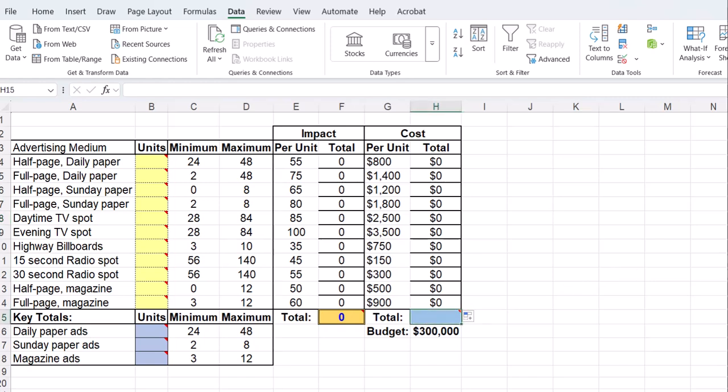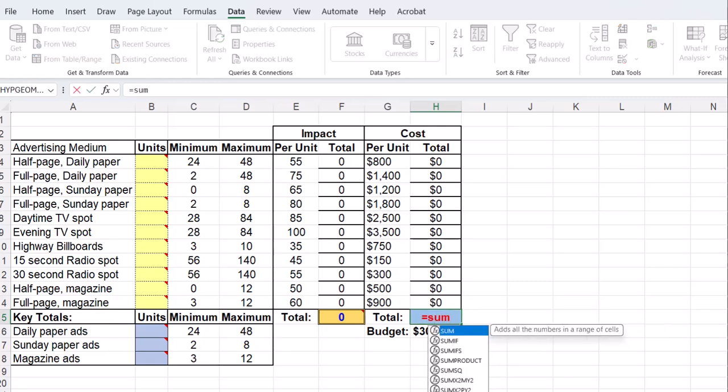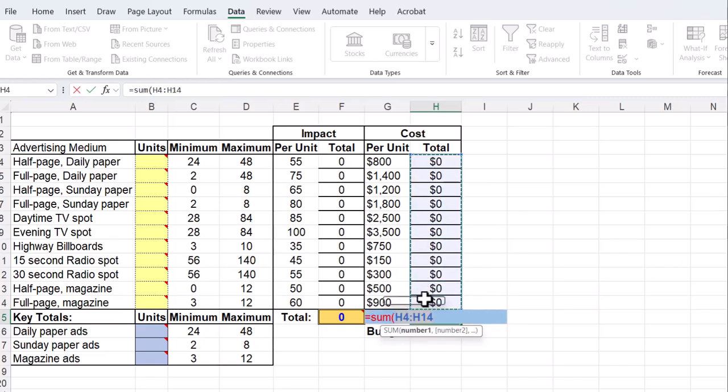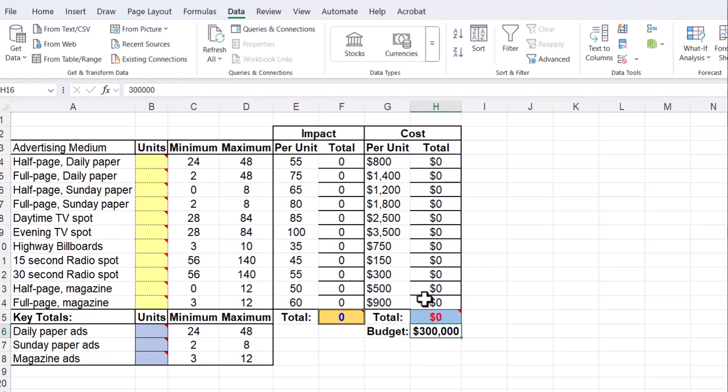My constraint is that the sum is the sum of my cost. So that's what I'm going to put in as a constraint. I have to be certain to have formulas in F15 and H15 because Solver doesn't like numbers. Solver wants cell references, okay?